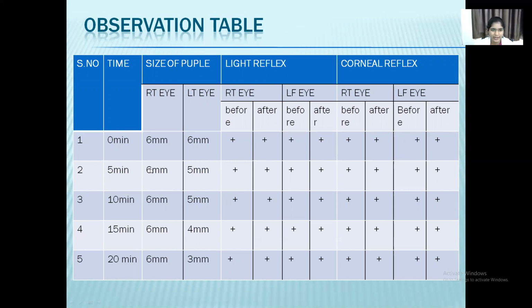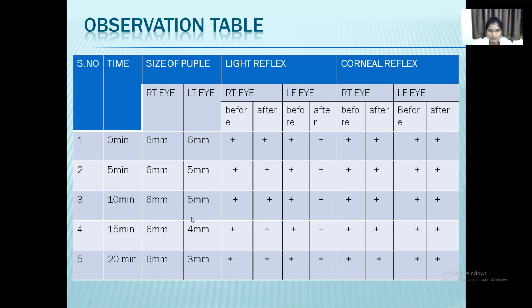So like that you can measure at intervals of 5 minutes, 5 minutes, 10 minutes, 15 minutes and 20 minutes. At the last, 20 minutes, there will be no change in the right eye or control eye. Then changes will be in the test eye because it decreases the pupil size, and light reflexes and corneal reflexes are also present.